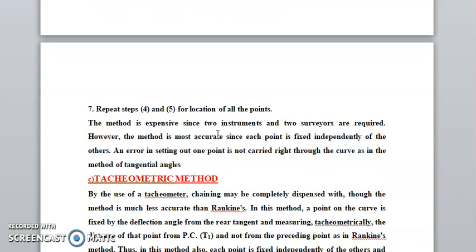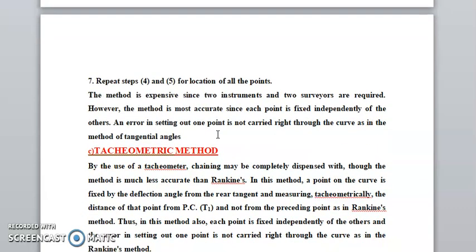Third and last is the tachometric method. By the use of the tachometer, the chain may be completely dispensed with, though the method is much less accurate than Rankine's.